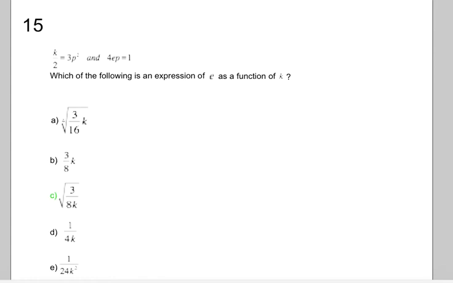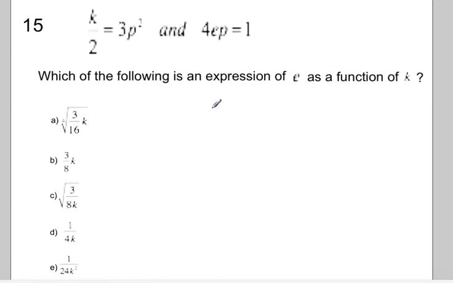So I'm going to take this second equation, probably just because it's going to be a little easier to work with, and I'm going to get 4ep equals 1. And so if I want to get rid of p, I want to be able to substitute something in for p when I'm working with this equation.